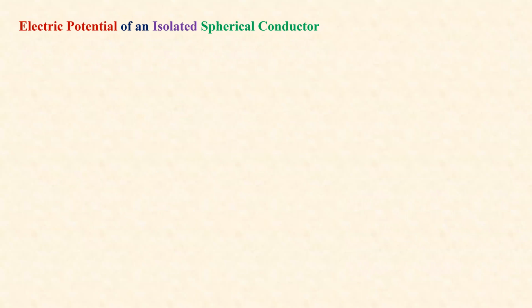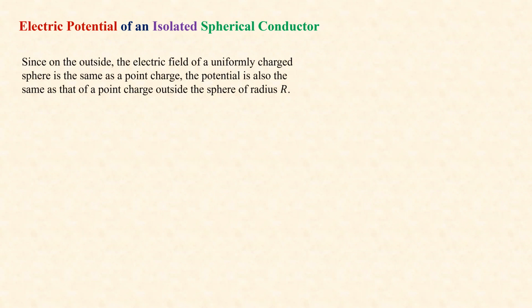So, the electric potential of an isolated spherical conductor. What if we have a spherical conductor that is isolated, meaning there are no other charges around? What is the electric potential of that? You remember that an isolated spherical conductor creates an electric field outside of itself like the electric field of a point charge, right?